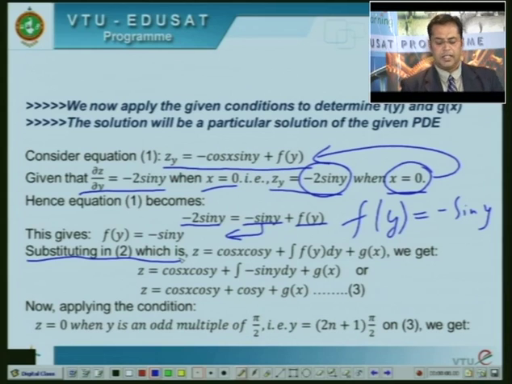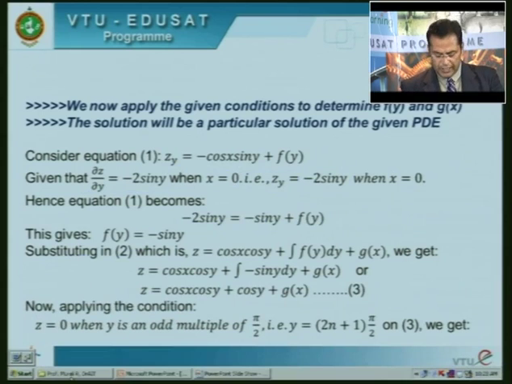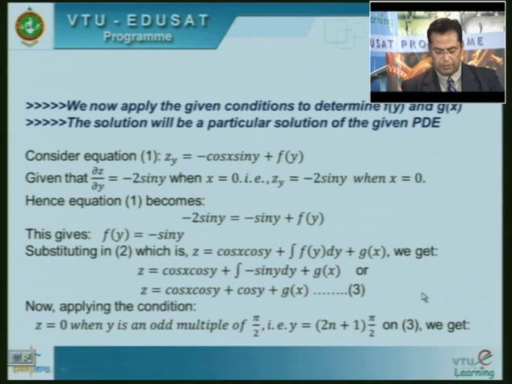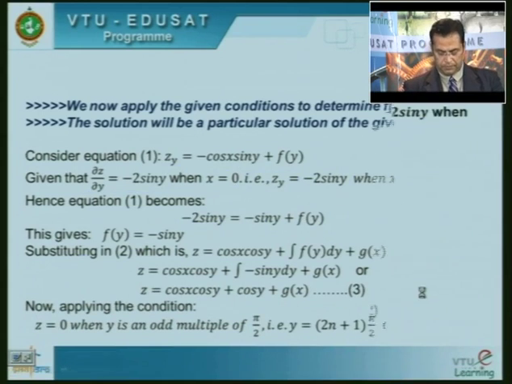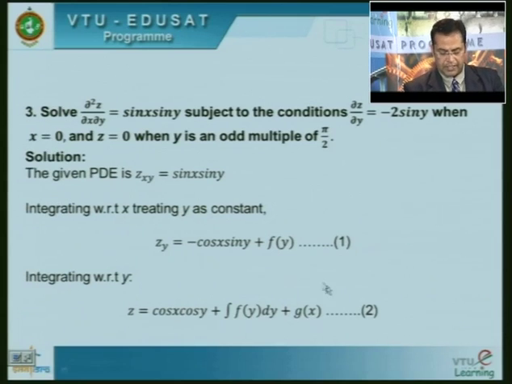Before you use that, update your solution now by substituting this function f of y in this solution. Substituting in 2, I will show you the previous slide. When you finish the integration with respect to the second variable, you obtained this solution, correct?